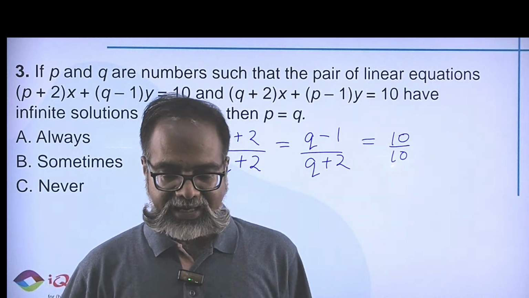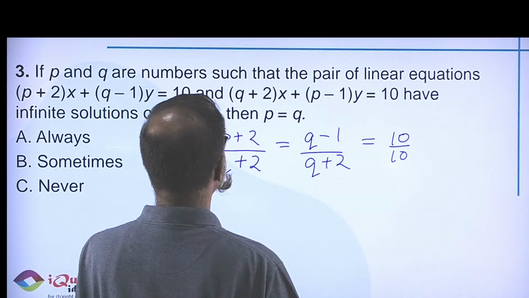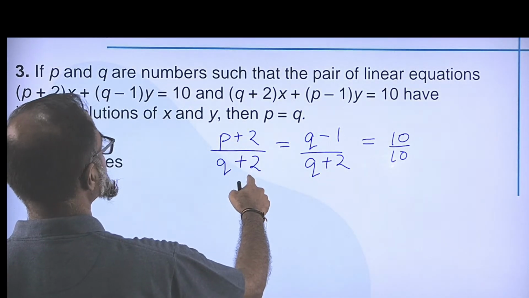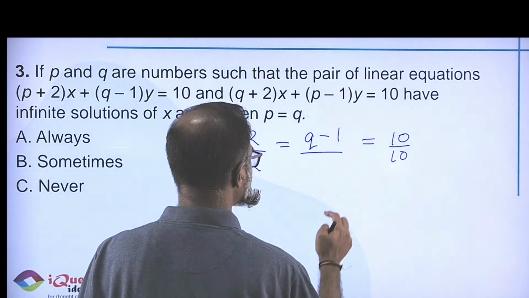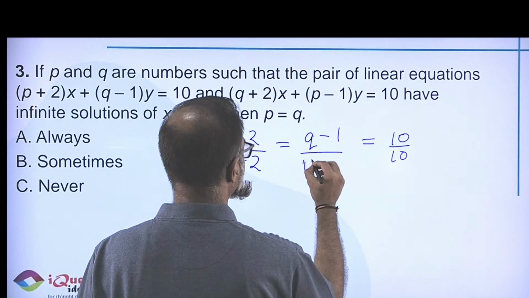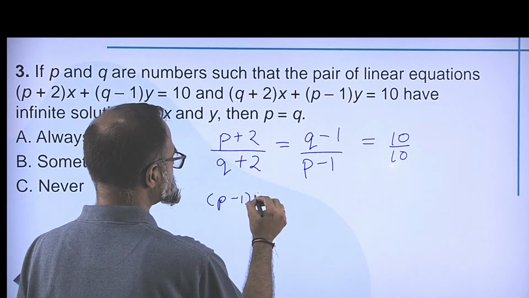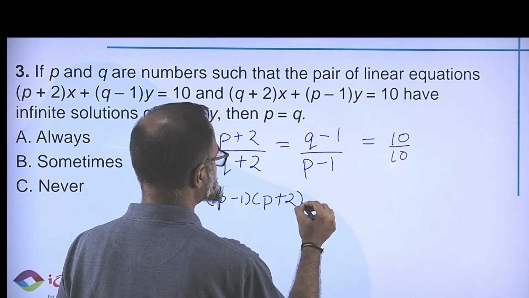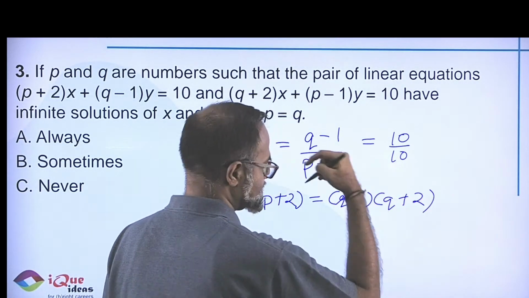A1 upon A2, B1 upon B2 is C1 upon C2. So once I get that particular thing, let's just take a look at this portion, right? P plus 2, Q plus 2, Q minus 1, and sorry, this is P minus 1. This part is just P minus 1. Okay. So cross multiply and check. P minus 1 into P plus 2 is Q minus 1 into Q plus 2.